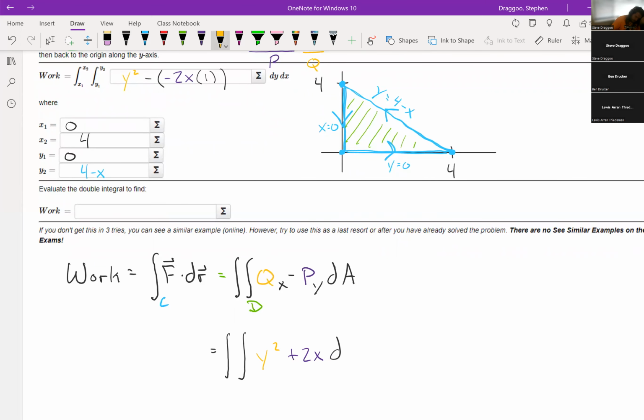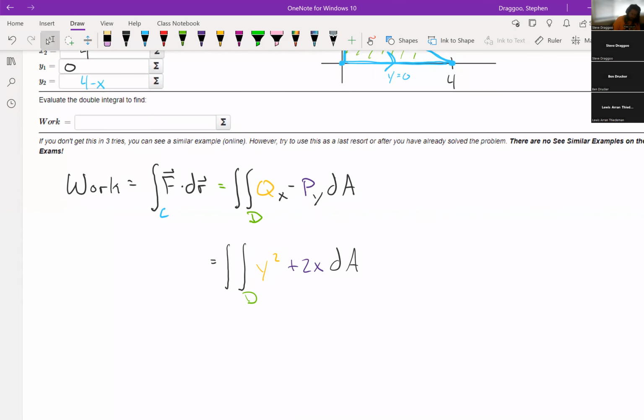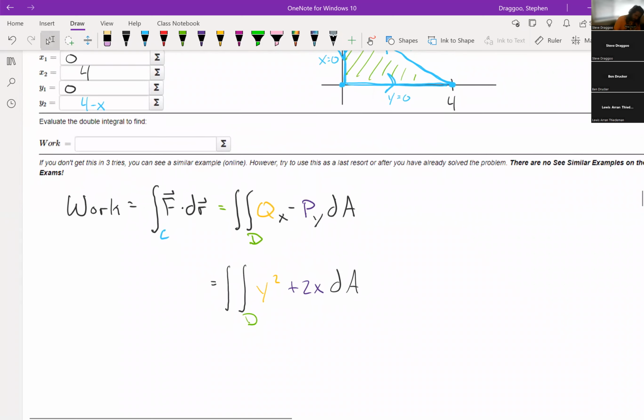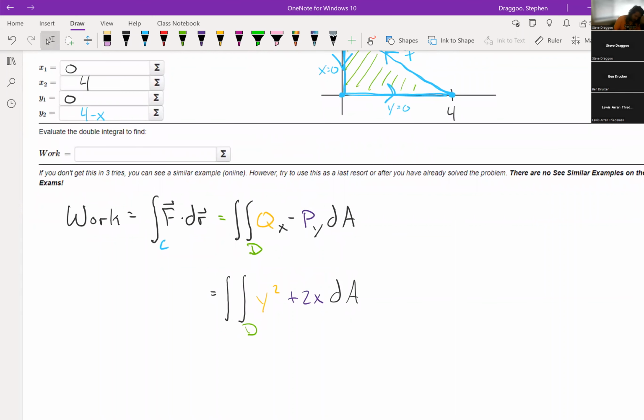And I'm doing dy first. Let me save that for the next step, actually. We'll just continue leaving this as dA over the region D, one step at a time. And just like Johnny Cash said.